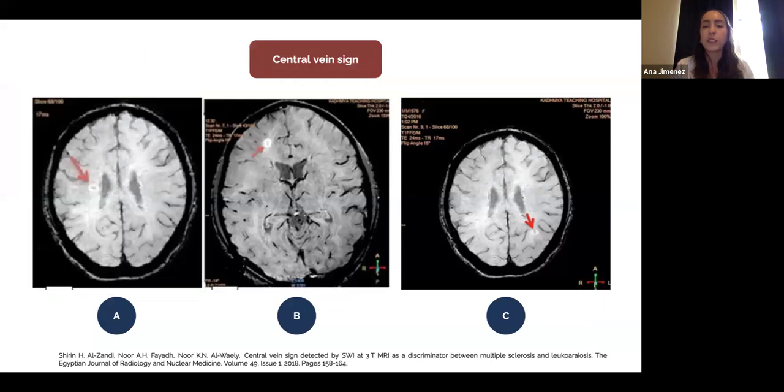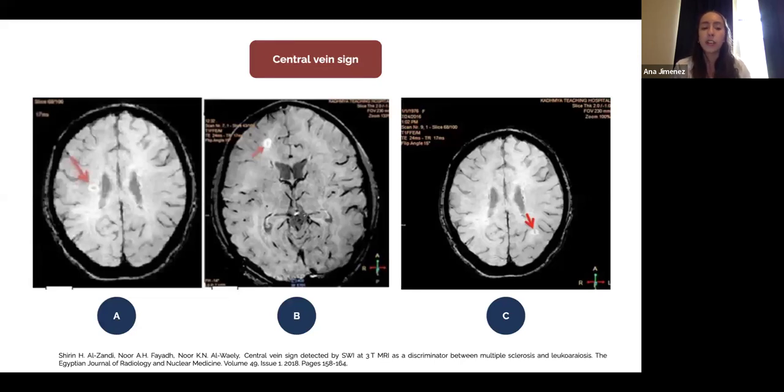I wanted to talk about this sign, which is the central vein sign, because even though it's mostly associated with neuroradiology, I found it interesting that among the different causes of T2 white matter changes, you can differentiate them from the radiology point of view.